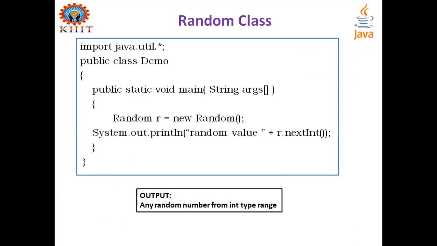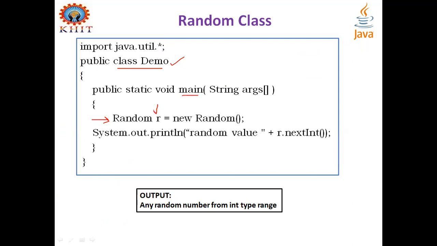I'm coming to this simple example. See here, import java.util.*, or simply you can write Random here instead of this asterisk symbol. Coming to the main class called Demo, inside this main method, I create an object of this Random class.